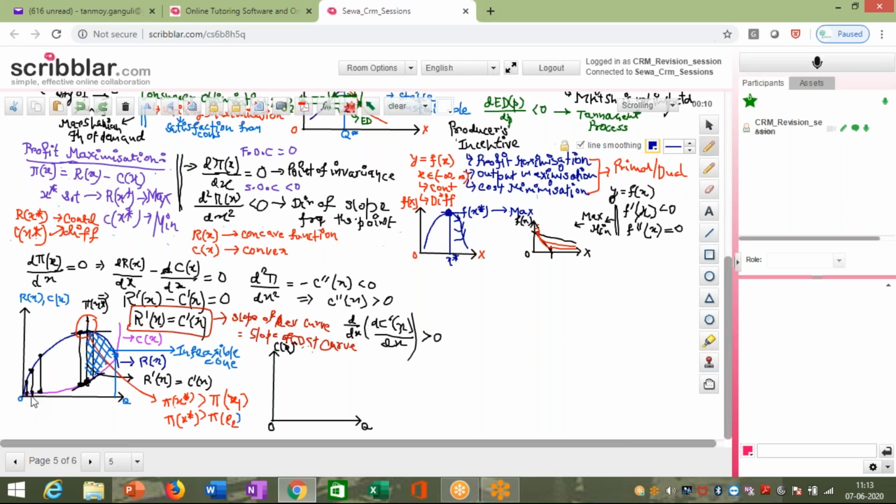This is because initially, in this region, the producer has just started operating, and the plant size that he has has much excess capacity, and every time he scales up his production, he starts getting benefits from the plant size, from the economies of scale, and so on.